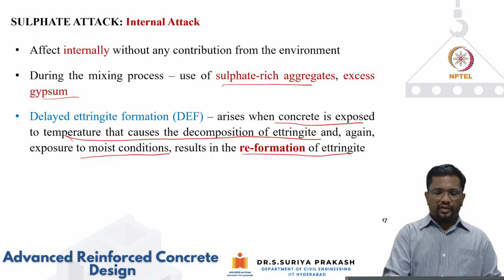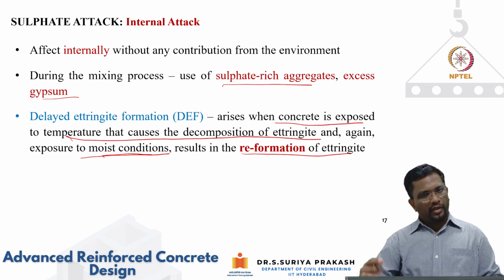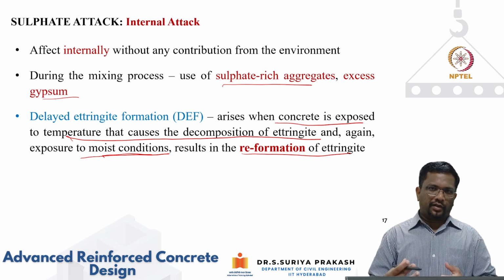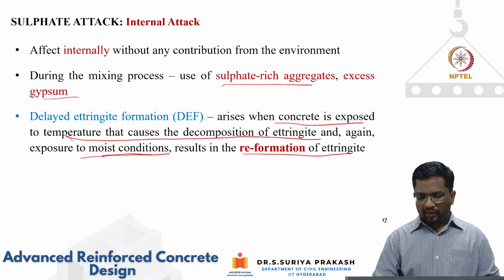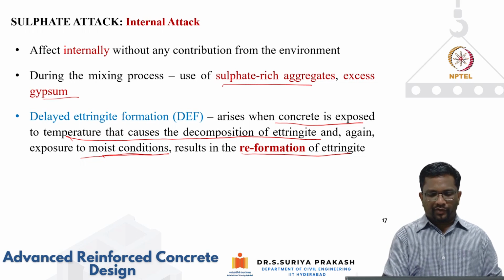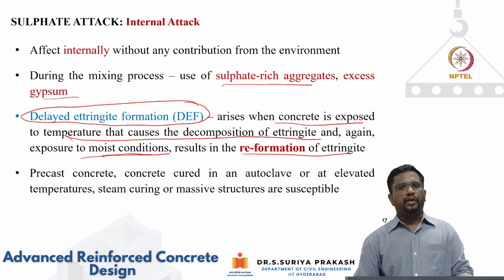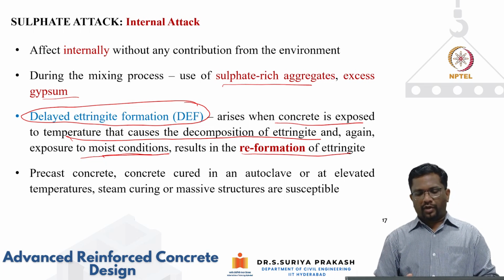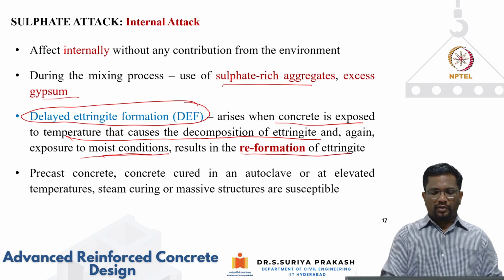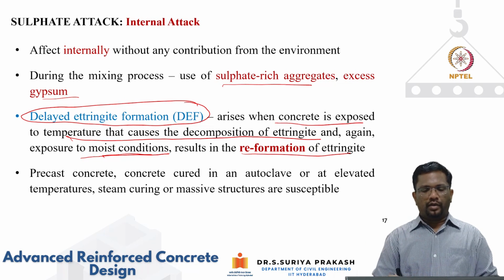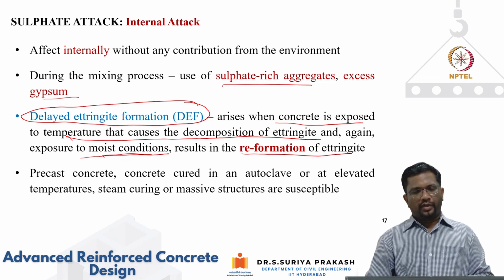But at a later period, when moist conditions are available, it will again reform ettringite, which is a needle-like structure that will create expansive stresses and cause cracking. So we need to prevent this delayed ettringite formation. Usually for precast concrete, or concrete that is cured in an autoclave, at elevated temperature, or by steam curing, the ettringite will decompose and form monosulfate, a more stable product.